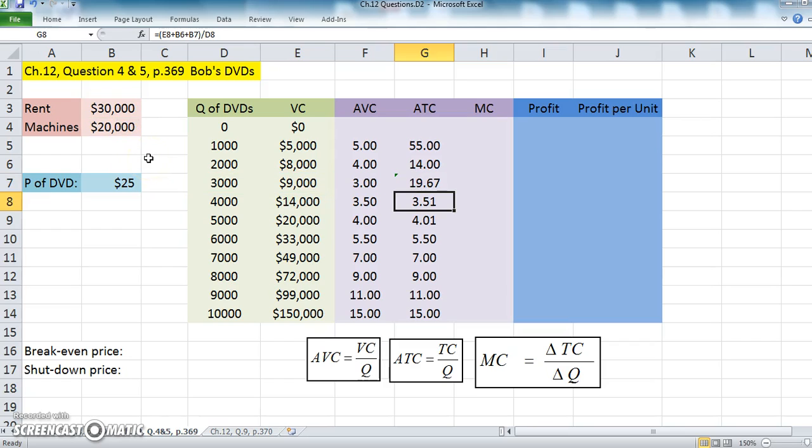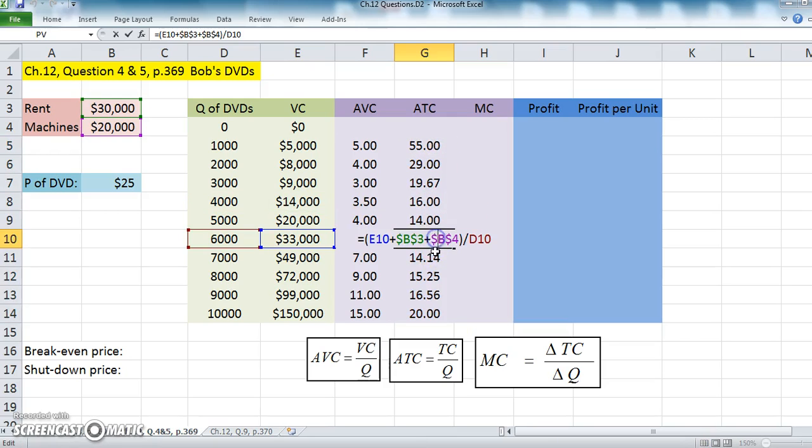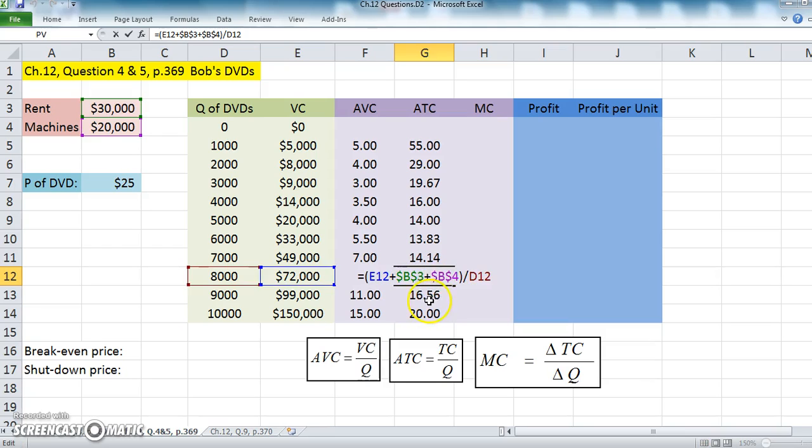So we need to go back to our first calculation and put dollar signs in front of the B and the 3, and in front of the B and the 4. So it tells Excel to keep on using those cells in the calculation all the way down the rows. Now it goes down the rows, but keeps on using the B3 and B4 cells.